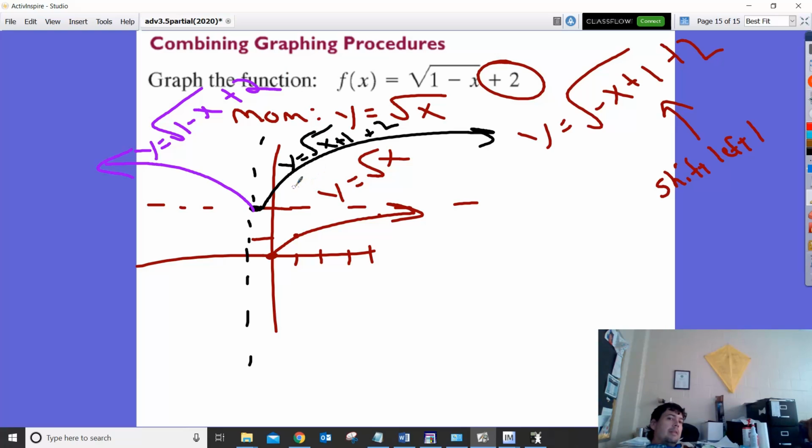I just thought about the initial transformation, shifting up and left, and I drew it. The reason I always do these dotted lines is because it makes it easy to do a reflection on the y-axis. This is my new y-axis. That is what I was supposed to reflect upon. Instead of opening right, I open left. If you got a question, I'd be happy to answer it.